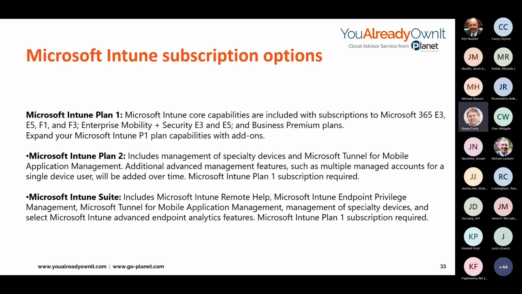So let's talk about the subscription options. These are the different plans. Intune Plan 1 is the core capabilities that you're used to seeing that we've had all along, if you have Microsoft 365 E3 licenses, or Enterprise Mobility and Security E3, or maybe the Intune standalone plan. That's all the core capabilities.